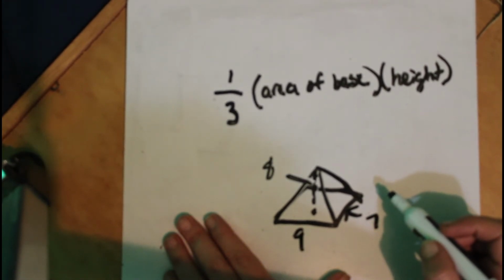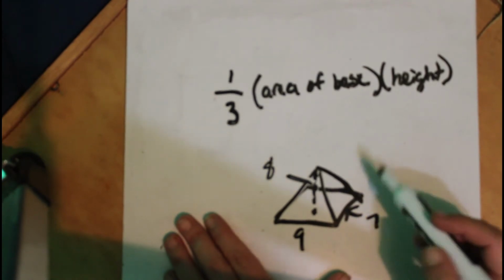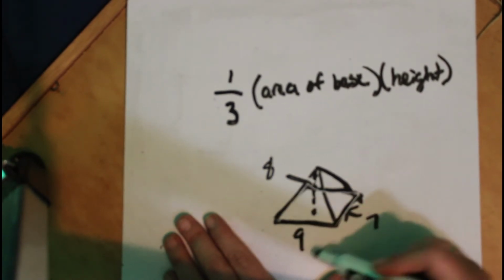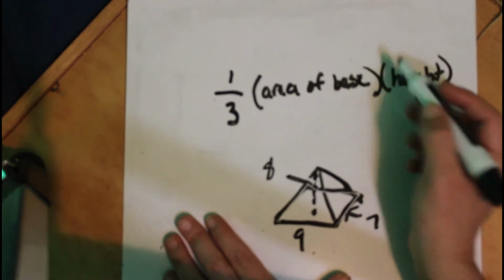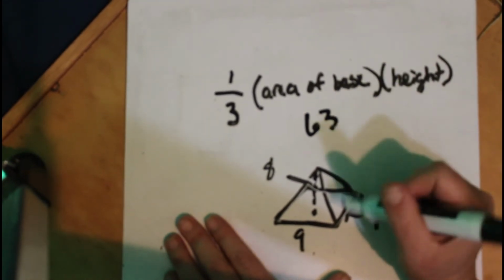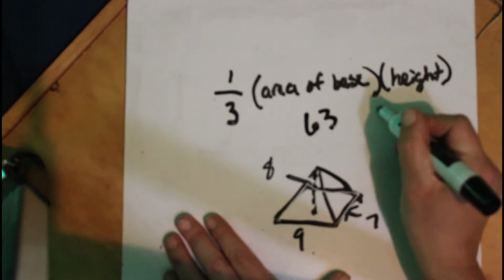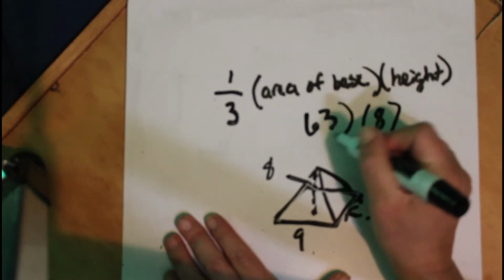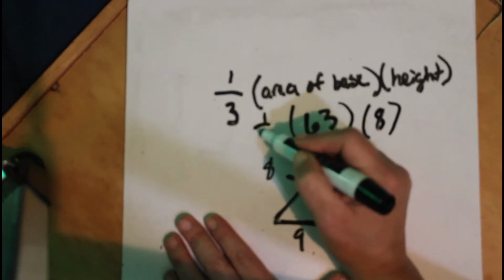So, all we have to do is 1/3 times the area of the base times the height. The area of the base would be 9 times 7, which would be 63. And then the height would be 8 inches. So we have 63 times 8 times 1/3.